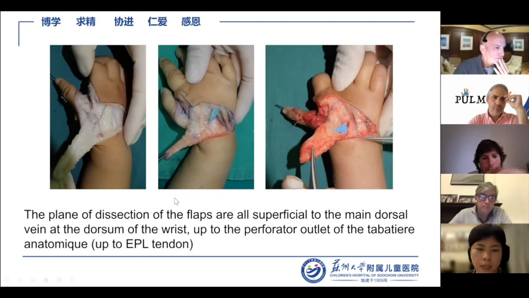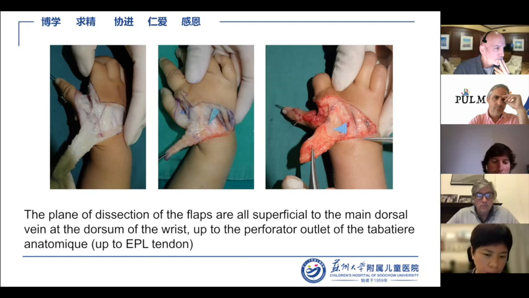The plane of dissection of the flaps is all superficial to the main dorsal vein at the dorsum of the wrist, up to the perforator outlet of the tabatière anatomique and the tendon, up to the EPL tendon.